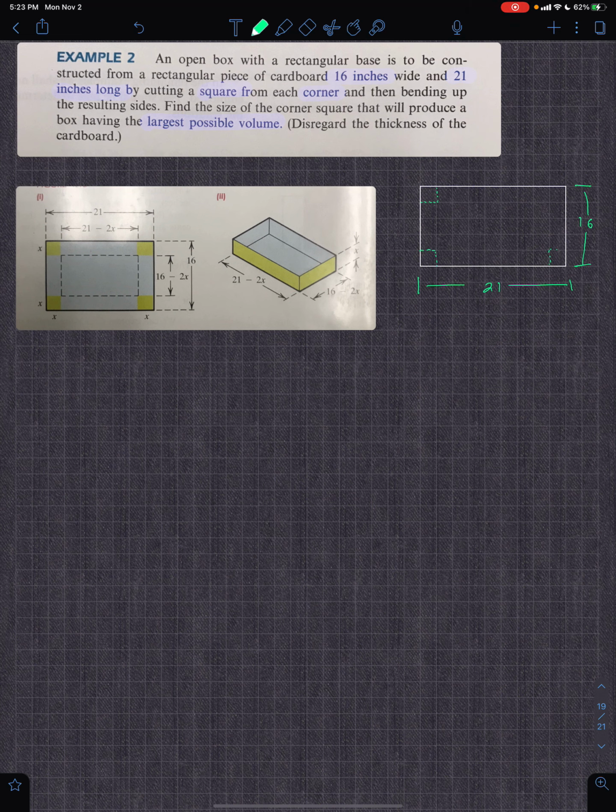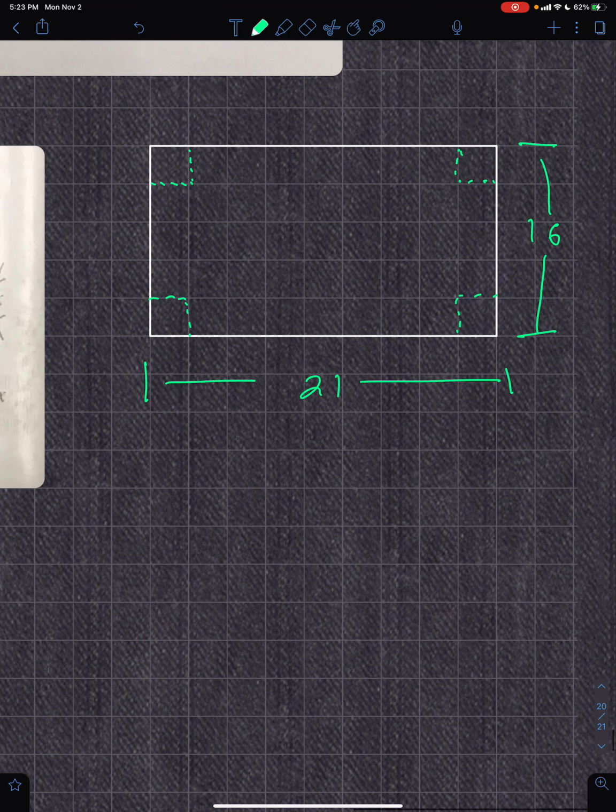I don't know how much that is, but it's going to have to be the same on either side. So that is what I'm going to call x. We don't know what it is, but we're going to call it x. You could call it y, you could call it a, you could call it whatever you want.